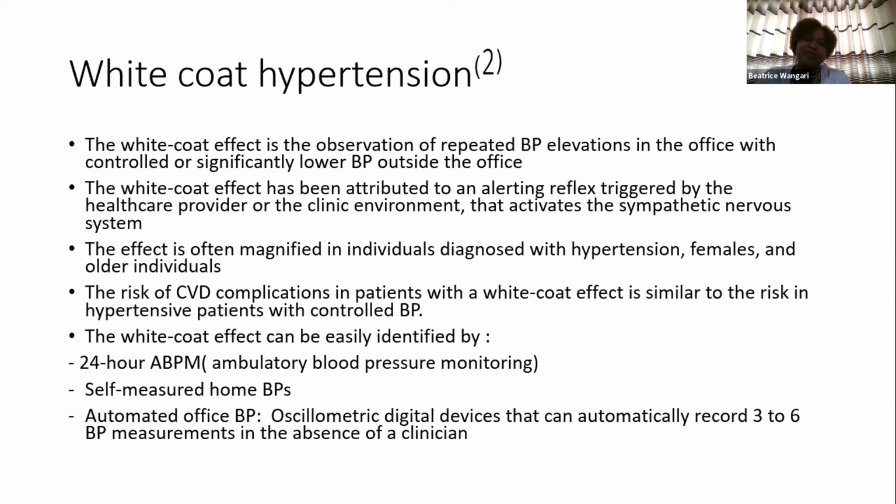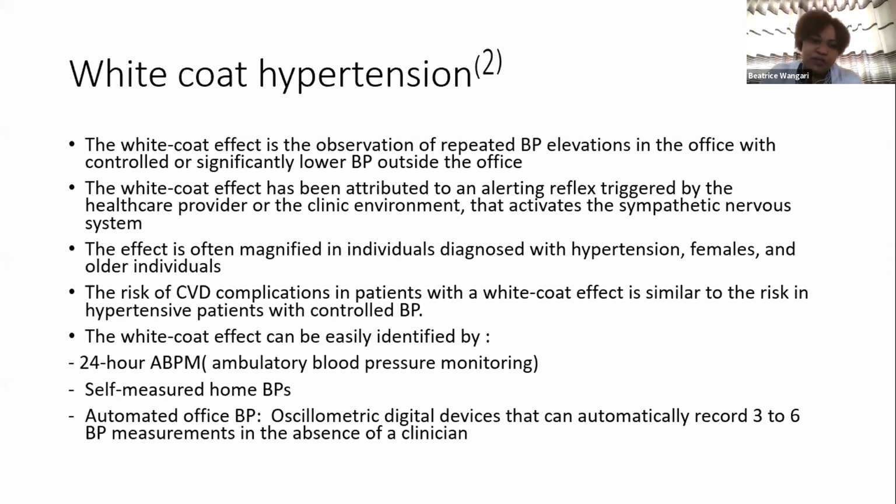So yes, the risk does not go down to that of a patient who is not hypertensive, but it does not seem to confer extra risk. And again, the white coat effect can easily be identified by doing 24-hour ambulatory BP monitoring or home-measured BP monitors. At the moment, they are also on the market. I don't know if they're available in our country.